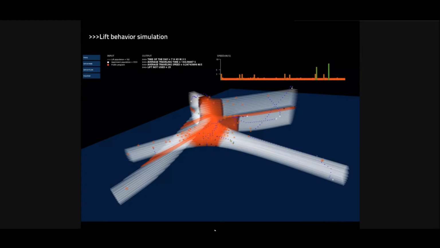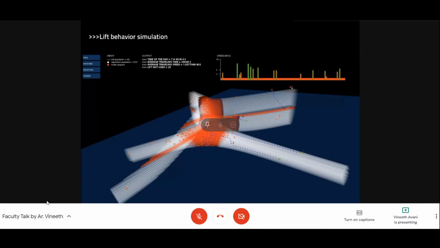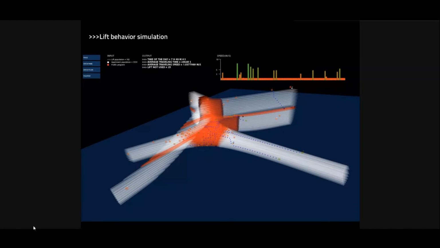So you can check the time on top and the average traveling time. And it also says how many lifts are required. So we have kept a lift population of 102 and an apartment population of 1,559. These two sets of geometry aim to find out the proportion of lifts compared with apartment numbers.